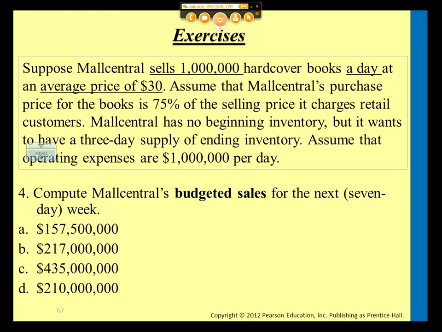So my average price is 30, sells 1 million hardcover books, 1 million per day. Is the 75% of the selling price relevant to us? Okay, good. Did you get the answer? Someone got the answer?